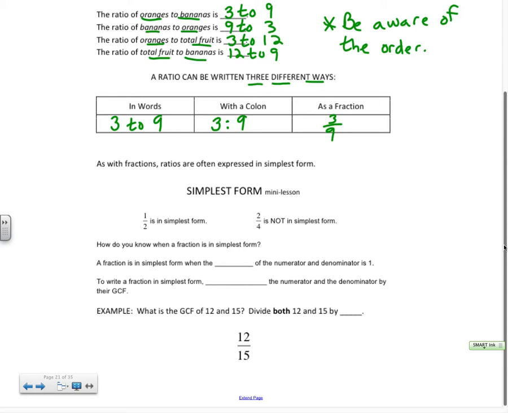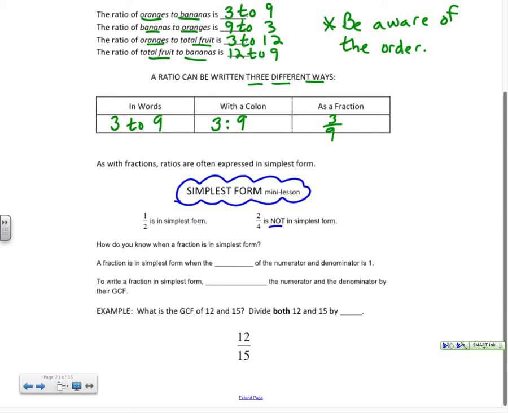So as with fractions, ratios are often expressed in simplest form. So here's a little mini lesson on simplest form. And we practiced this, so this is just a real quick review. 1/2 is in simplest form. 2/4 is not in simplest form. So how do you know when a fraction is in simplest form? Well, this statement will clarify that.